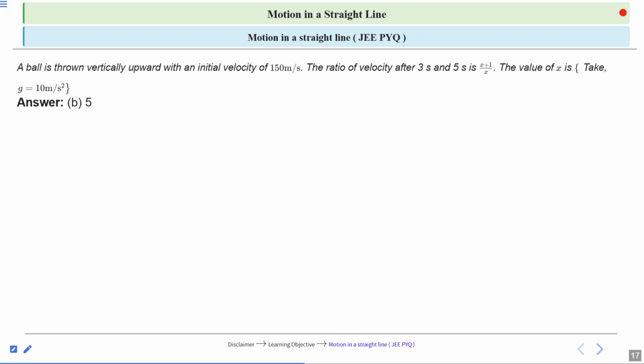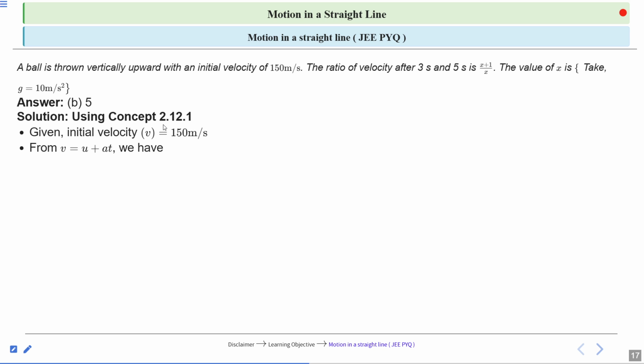Correct answer is B. Solution using concept 2.12.1. The given initial velocity u is equal to 150 meter per second, and from v is equal to u plus at we have v is equal to 150 minus 10t.